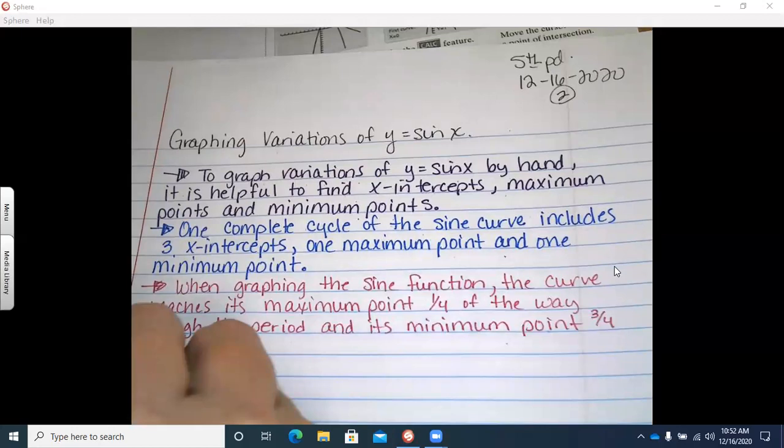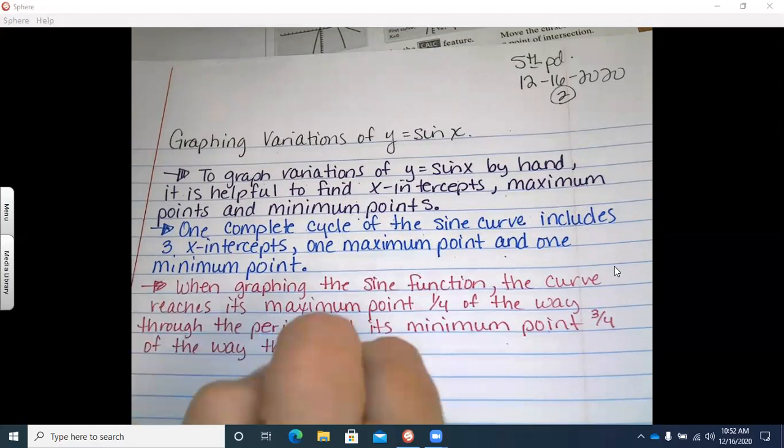It's best to divide the graph into 4 equal parts.